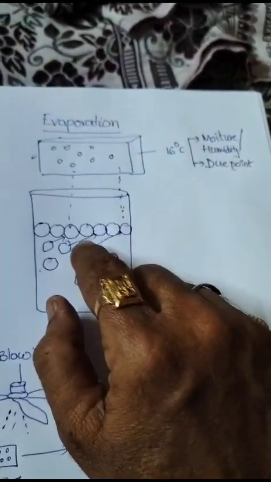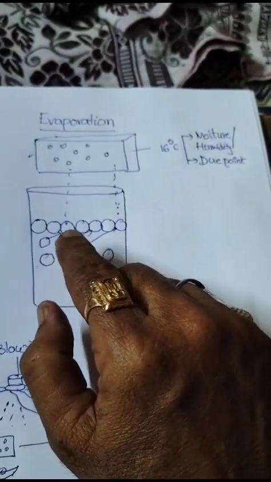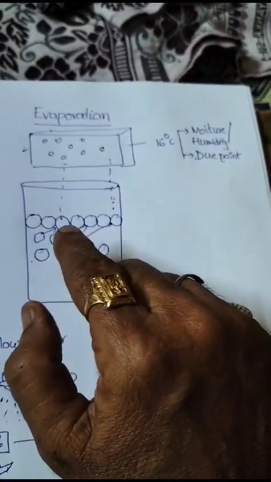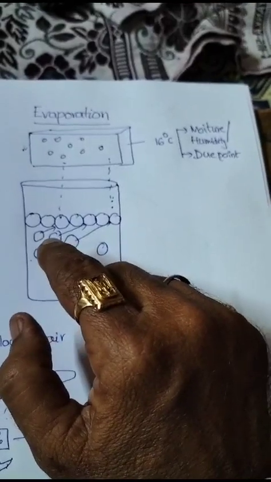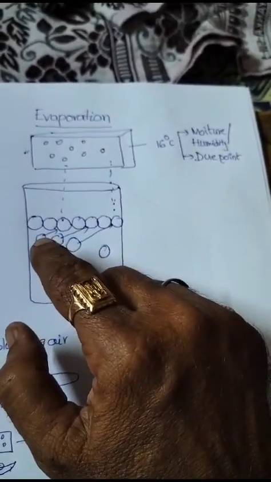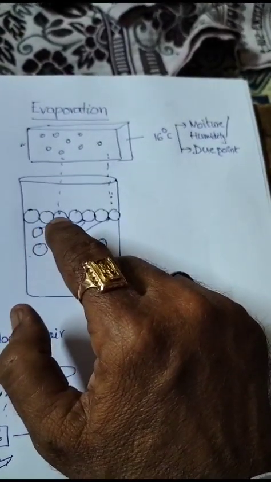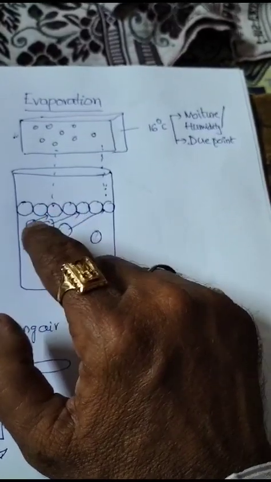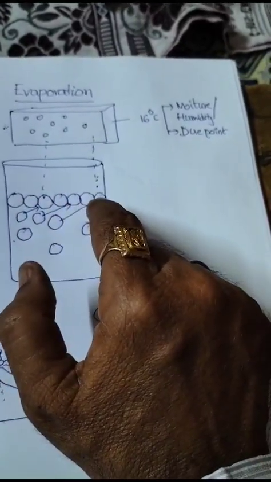So when the linear kinetic energy in the object, which is taken as the liquid, is moving in random motion, the particles will collide with the water droplets on the surface.